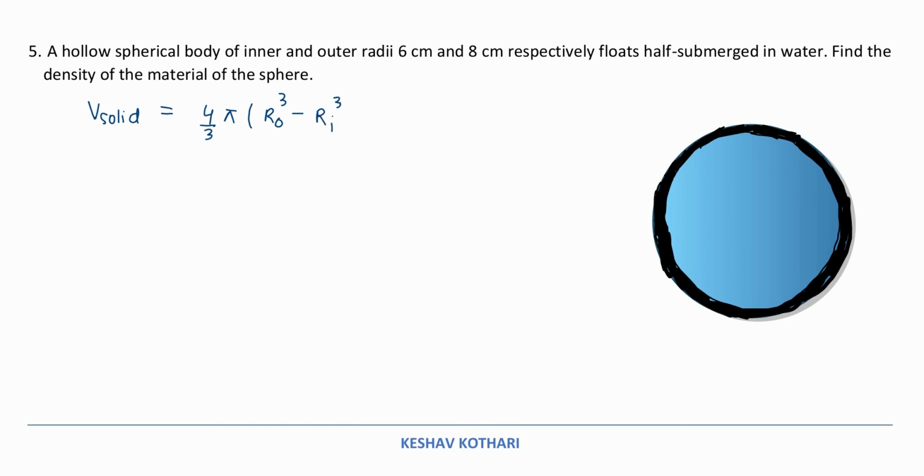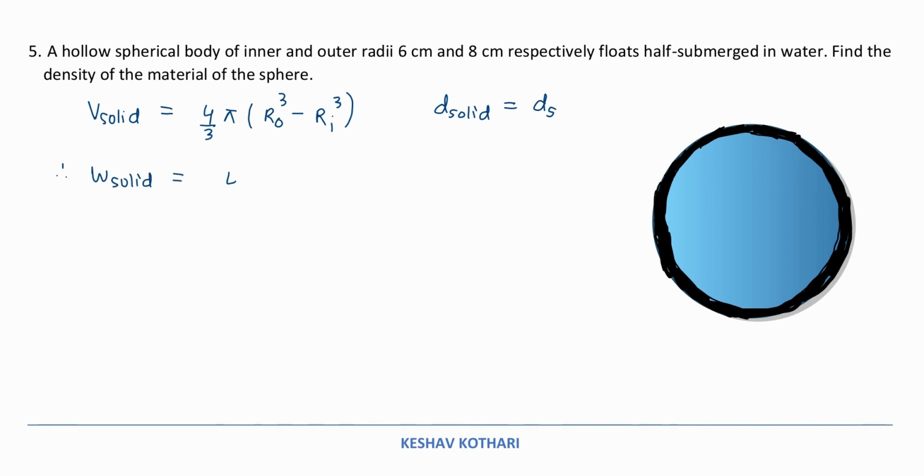There is an outer radius and an inner radius. The density of the solid we don't know, so we are writing the density of solid as ds. Therefore the weight of the solid is equal to density into volume.